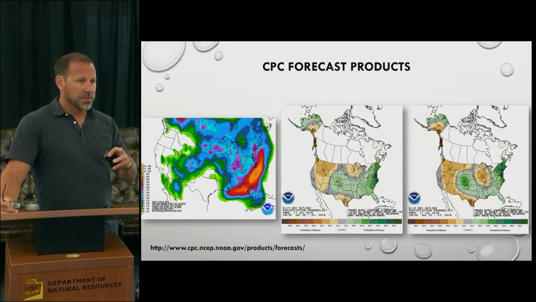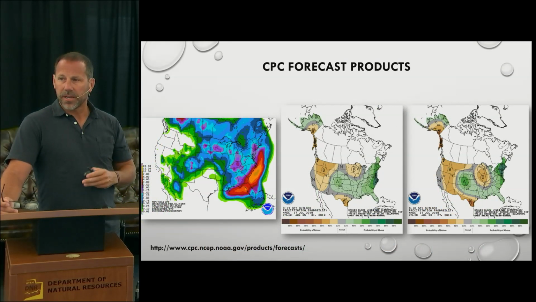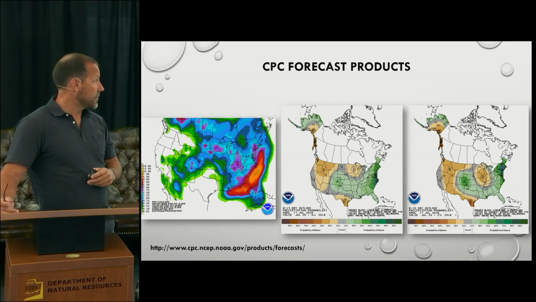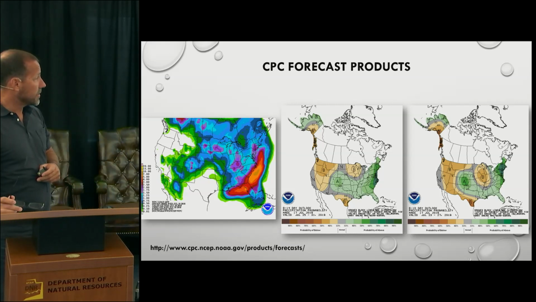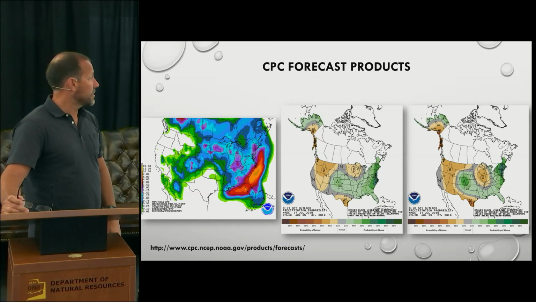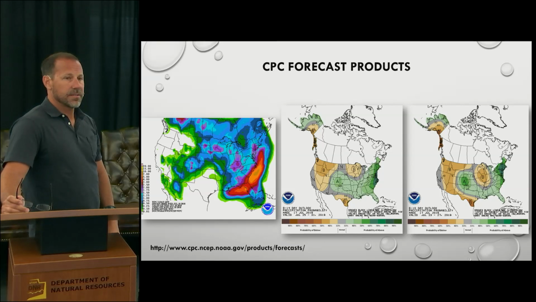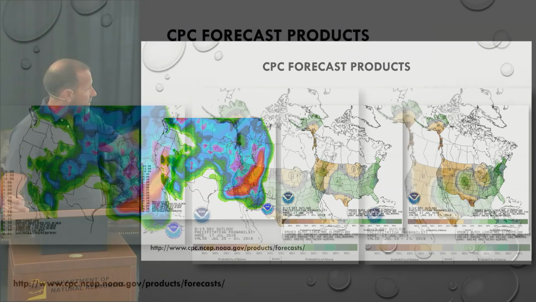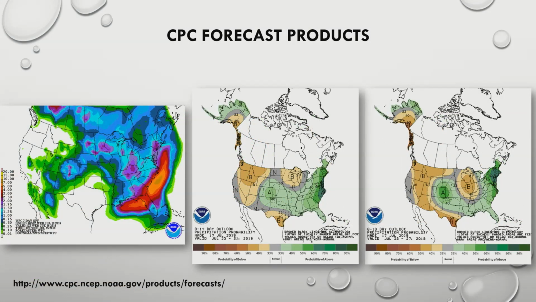Probably most of you have seen these CPC products. There are some more forecast products that we use. On the left-hand side, these are short-term: 7-day quantitative precipitation forecasts for the continental U.S. And then they have a 6 to 10 day precipitation outlook, and they also do a temperature outlook.